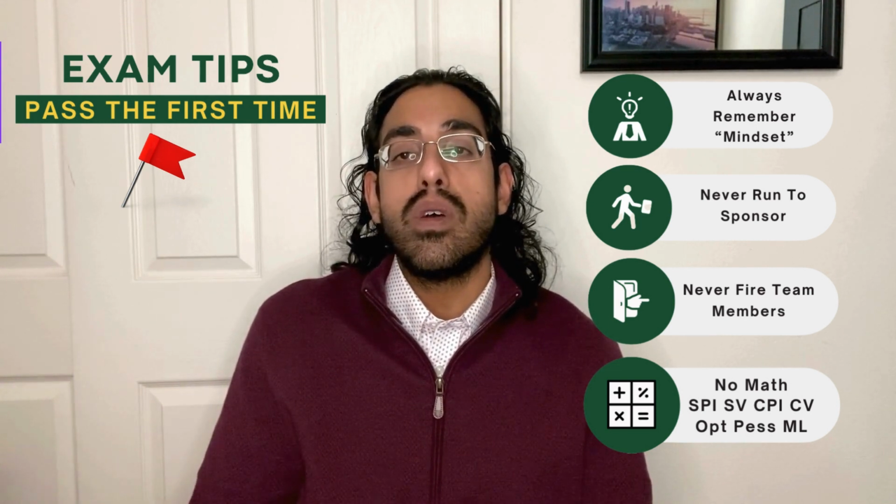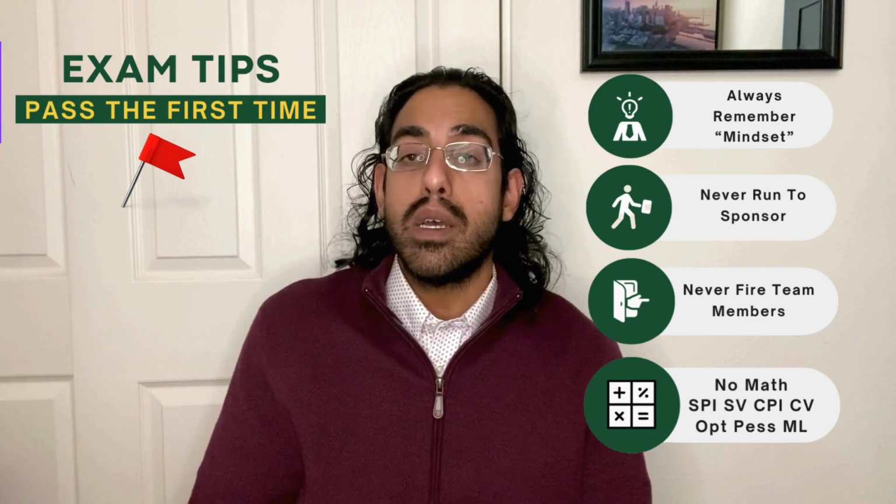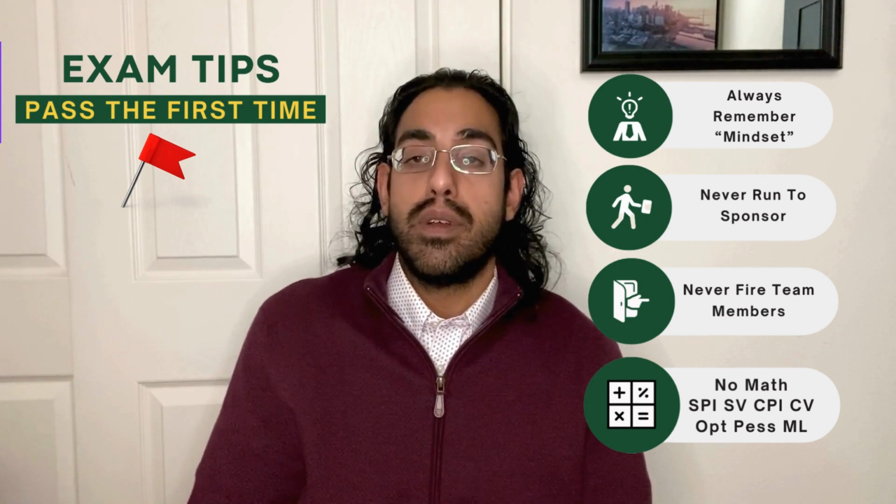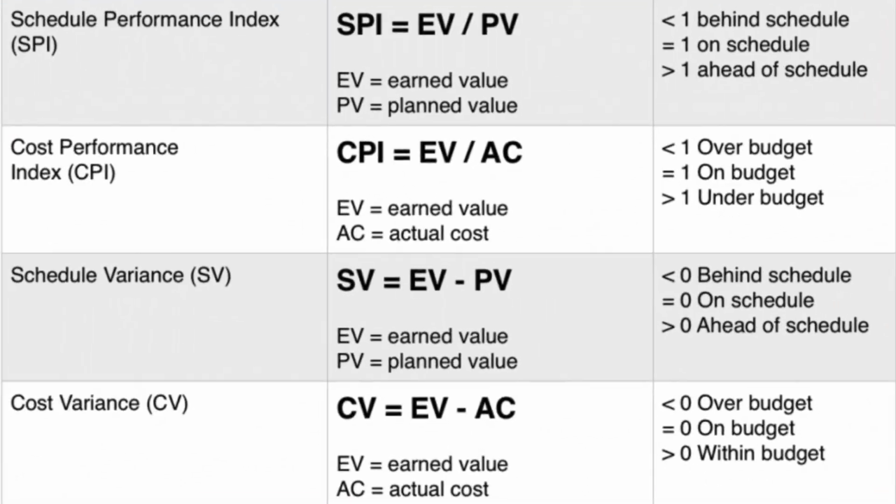Schedule, ahead or behind. Cost, above or under. Here's a screenshot of how the equations work, what they mean. Use this to help you answer the questions. This is really simple math, and it's the best kind to have on the test because you'll easily earn those points and you'll get those questions right. Don't miss these questions. These are easy questions.